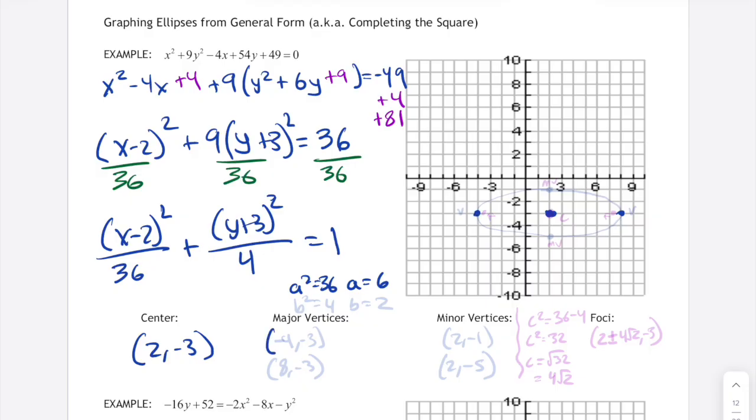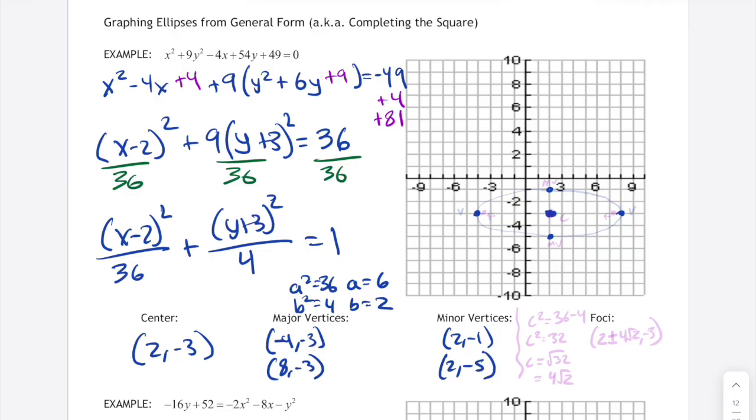So I can mark those points down, negative 4, negative 3 and 8, negative 3. Minor vertices, b squared equals 4, so b equals 2. So we go up 2 and down 2. So that's 2, negative 1 and 2, negative 5.